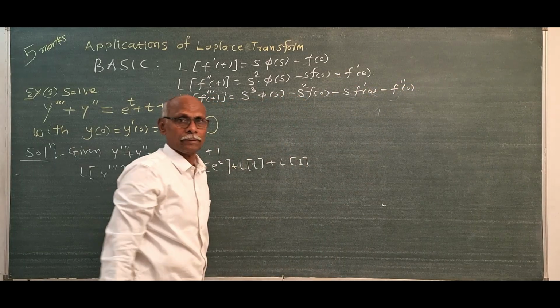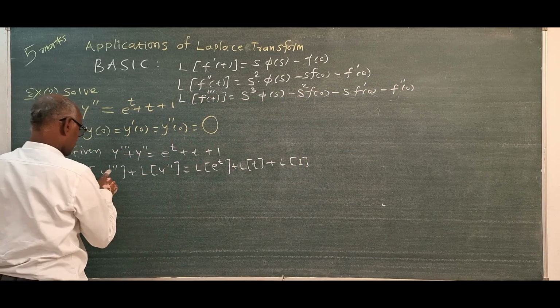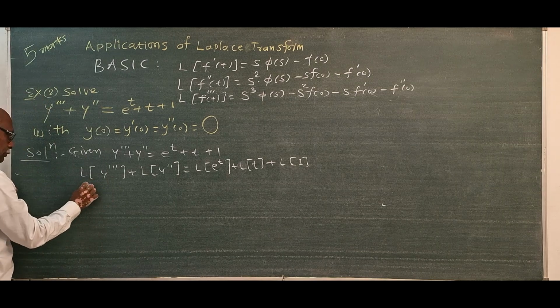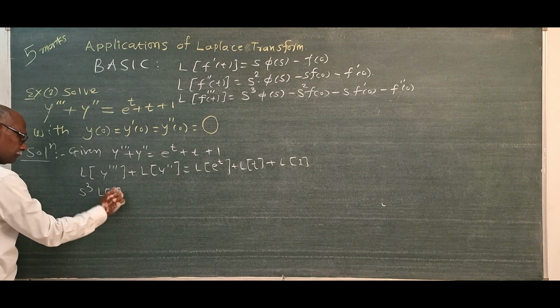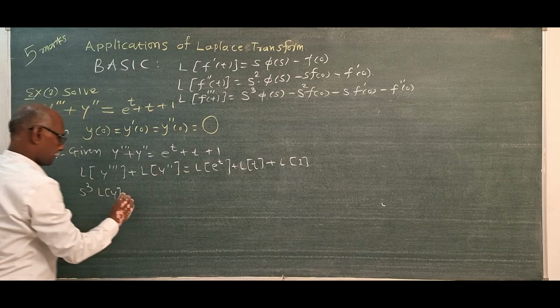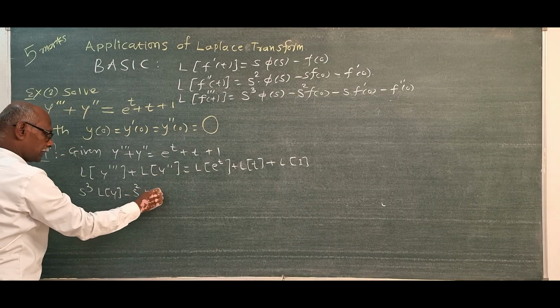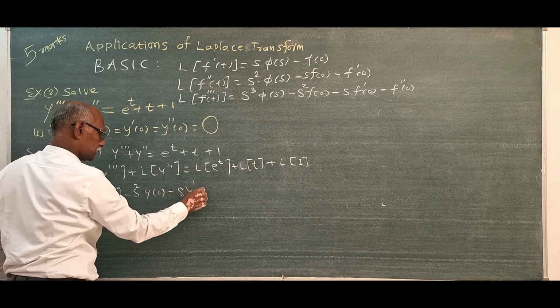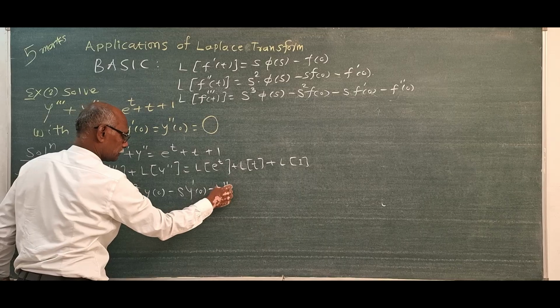This is the formula. Okay. Therefore, this can be written as s cube into L of y minus s square y of 0 minus s y dash of 0 minus y double dash 0.